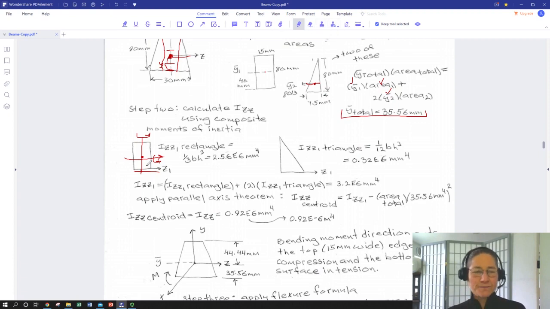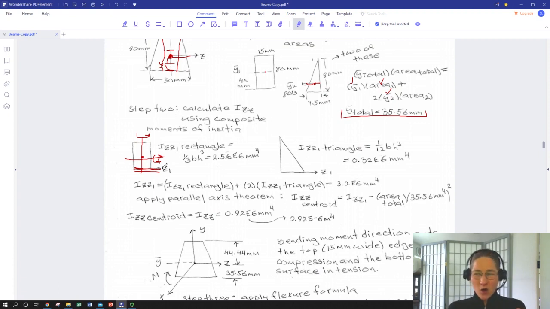So in this case, Izz1 of the rectangle, we're going to look across the base here because we're adding up moments of inertia of two different shapes, each of which have a different centroid.